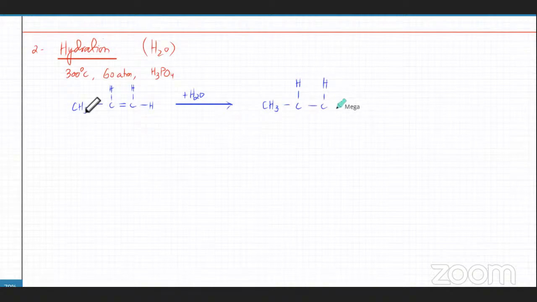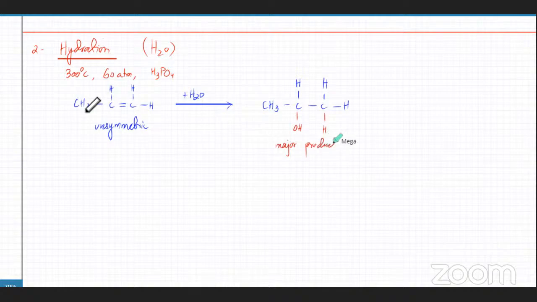Okay, so in this case, especially for an unsymmetric alkene, for a symmetric one there's no issue. So for unsymmetric alkenes, the H will get bonded to the carbon that's already bonded to more H, and the OH will get bonded to the carbon that's bonded to fewer H. That's going to be your major product.